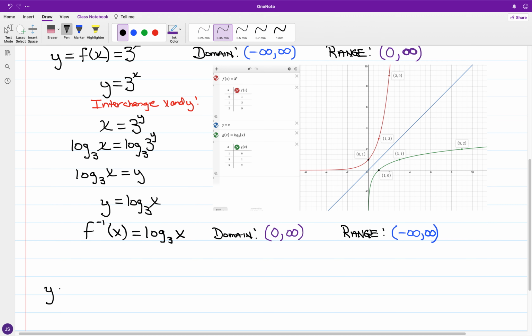We'll say we have y is equal to f of x is equal to 3 to the x minus 1. Now, we still have x as the exponent or power to which 3 is going to be raised. So you're still going to have the domain to be the set of all real numbers.